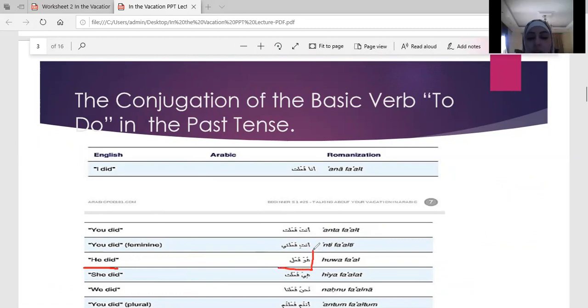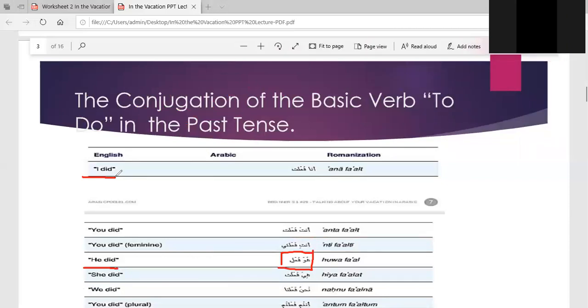We base everything regarding هو. Mia, I did. أنا. Mia, أفعل no. أنا أفعل is the present tense. Forget about the present tense. Mia, you take فعل first and you say what do you mean by I did?